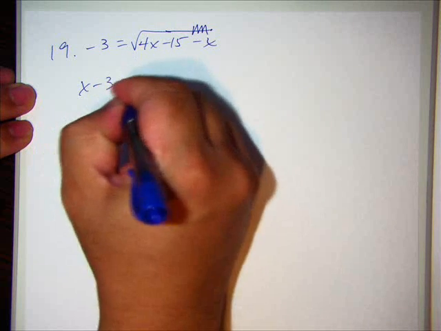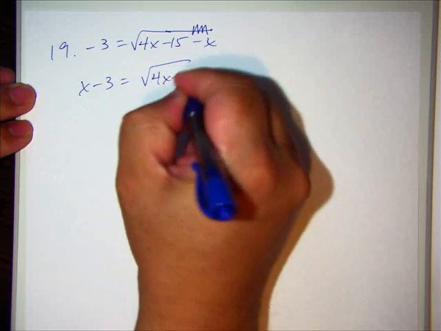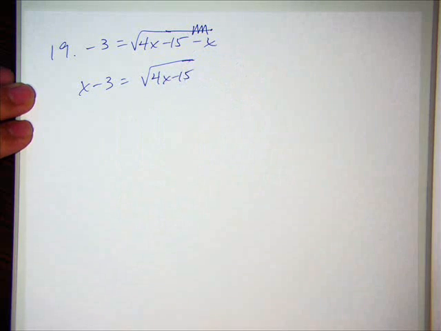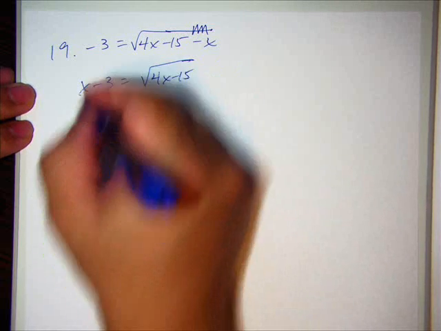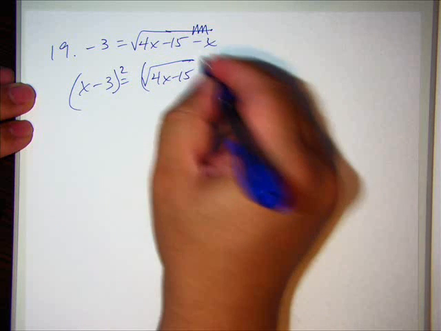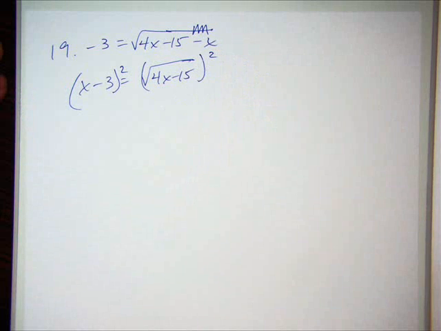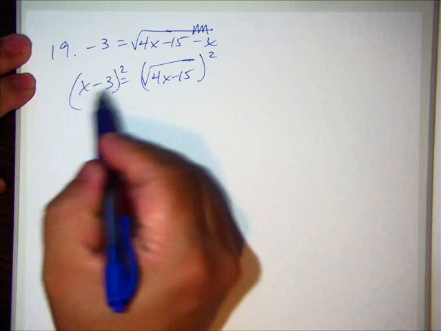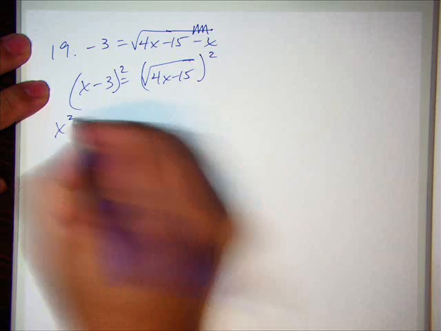So that's going to make it x minus 3 equals radical 4x minus 15. Alright, again, square both sides. Maybe we should pause the video and try this one, because it's about the same thing.